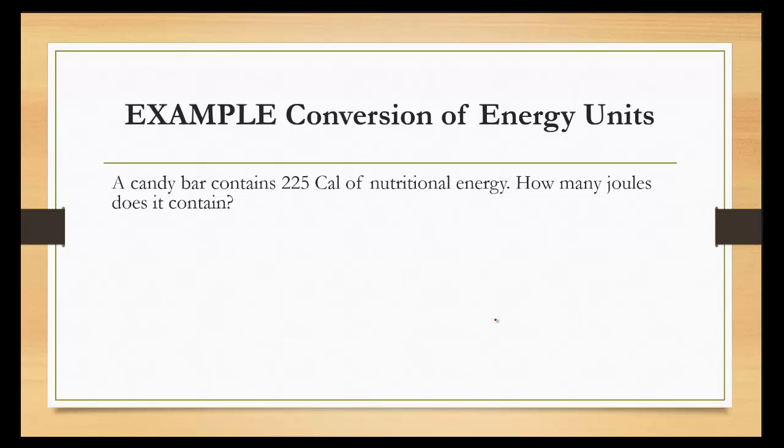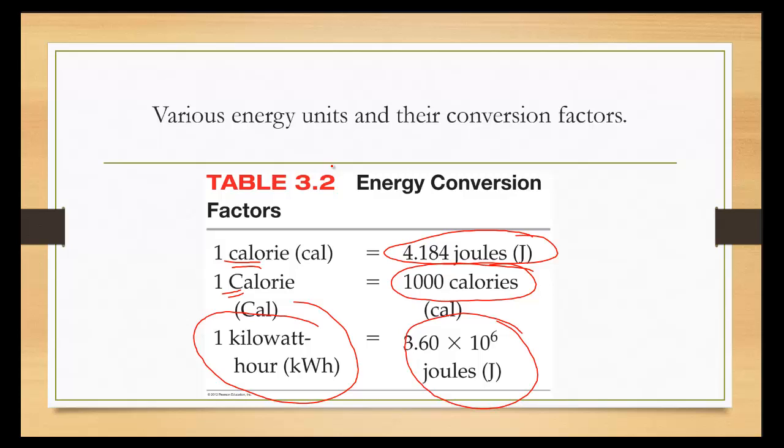So, let's do some conversions with this. A candy bar contains 225 calories of nutritional energy. How many joules is this? Once again, notice the capital C here. We're going to use these conversion factors here. We started off with 225 calories with a capital C, and we want to know how many joules there are.